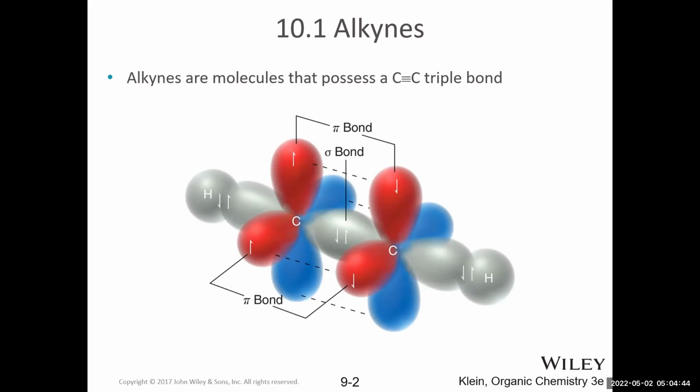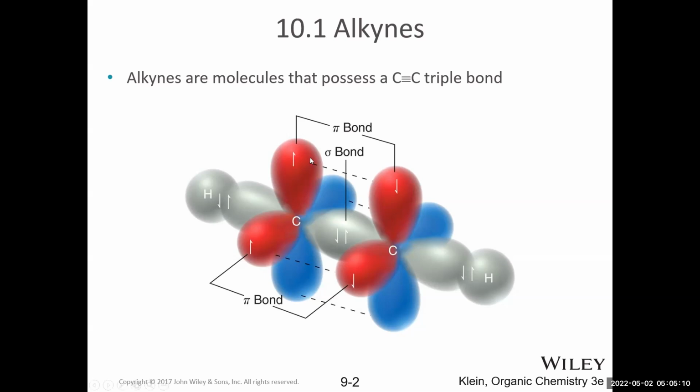And so we want to remember some properties of the carbon-carbon triple bond. Recall that the triple bond is made up of one sigma bond, which is the head-to-head overlap of sp hybridized orbitals, and then the side-to-side overlap of p orbitals, which forms a pi bond.